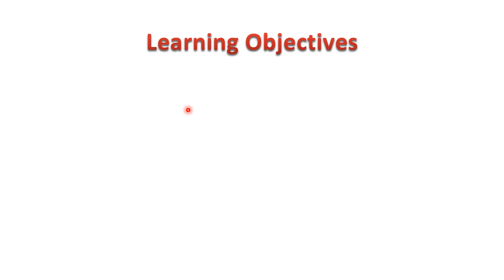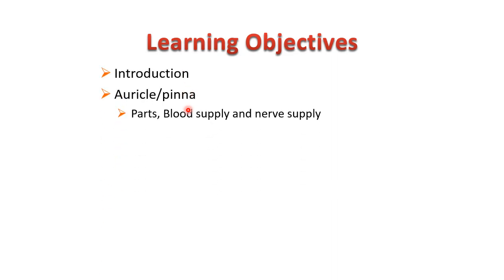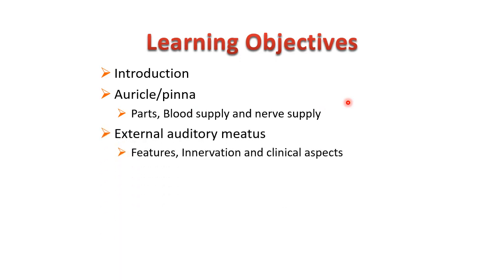auditory cavity, and followed by that we will actually learn the external features and parts of the pinna, its nerve supply and blood supply. Then followed by that we will also understand the features and the clinical aspects of the external auditory meatus or external acoustic meatus, and then followed by that we will actually start with the middle ear.